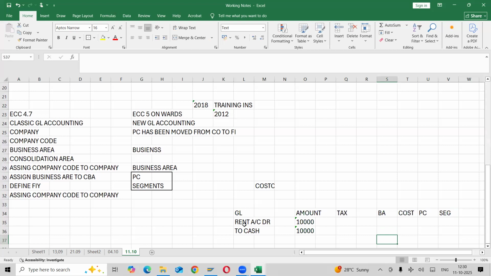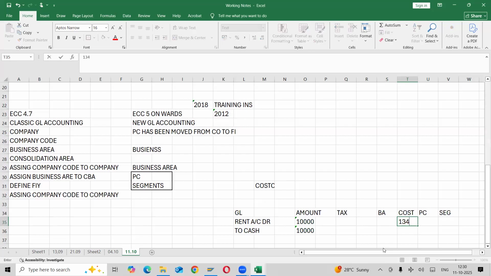In my structure, they have given cost centers, for example 1, 2, 3, 4. Cost centers 1, 3, 4 will be linked to one profit center, for example 7866, and the segment is linked as ABC. If we want to give these two details also, document splitting is a concept here.